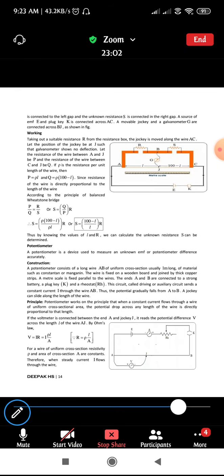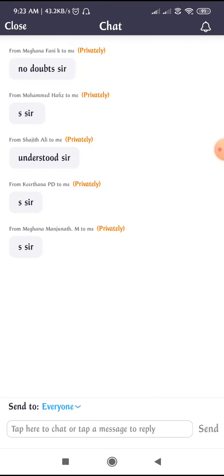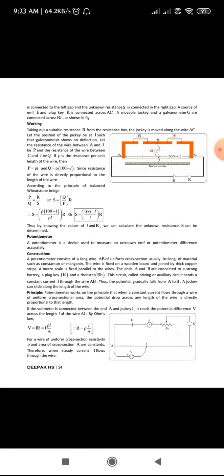Okay, fine, students. So see here, next coming to the potentiometer. Potentiometer is a device which is used to measure an unknown EMF or potential difference.